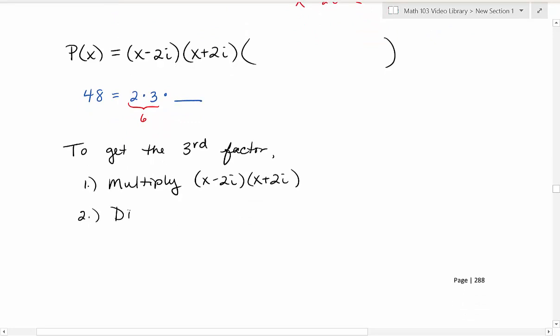Then we're going to divide our original p of x by the product from step 1. All right, let's do that.